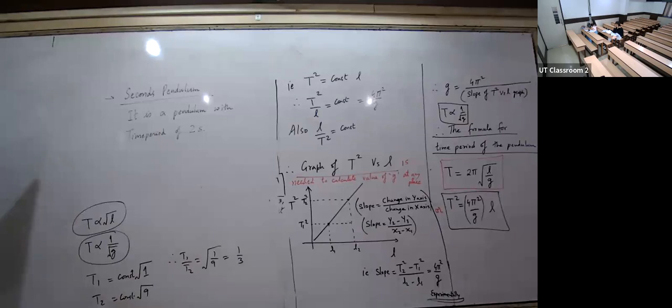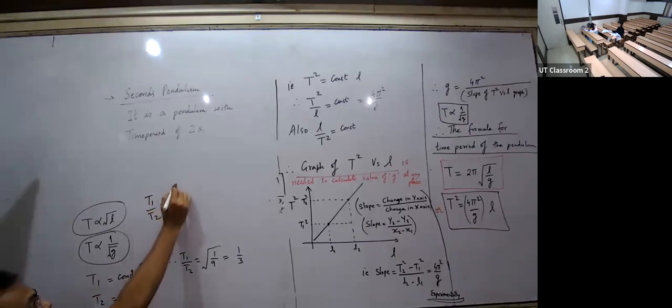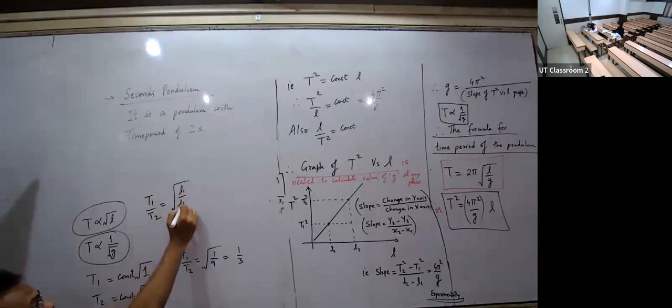The time periods of 2 simple pendulums at a place are in the ratio 2:1. Means T1 upon T2 is 2/1, right? What will be the ratio of their lengths? Look, this you have to use. There is a direct dependency. So T1 upon T2 is equal to root of L1 upon L2.